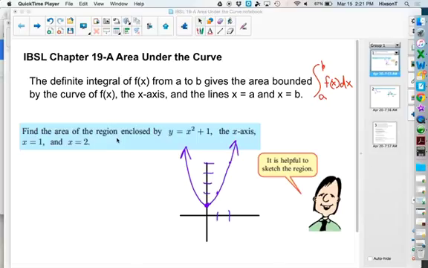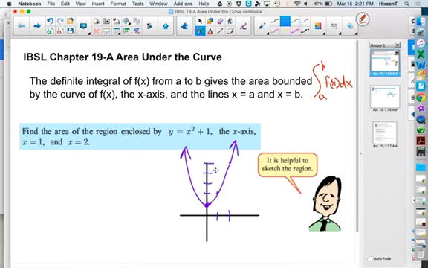So for example, and it is helpful to sketch these, if we are asked to find the area of the region enclosed by this parabola, x squared plus 1, the x-axis, x equals 1 and x equals 2, we have here a line x equals 1, another line x equals 2, here's our x-axis, and here is the curve.